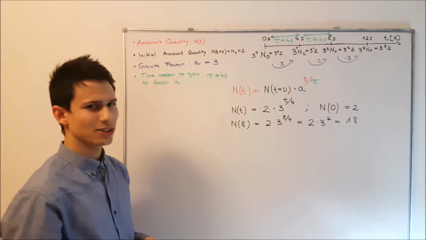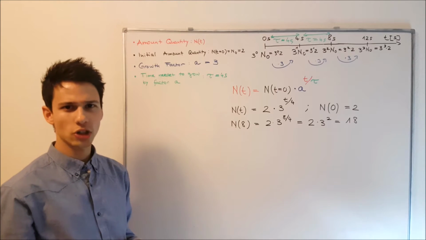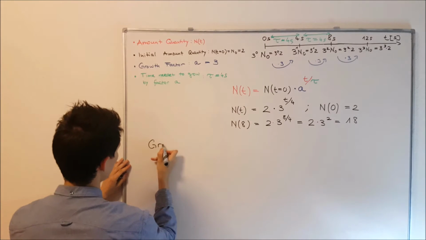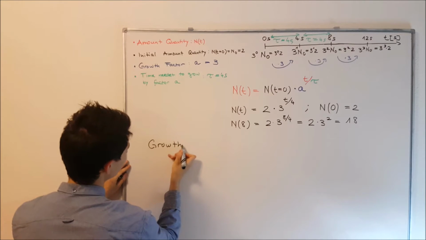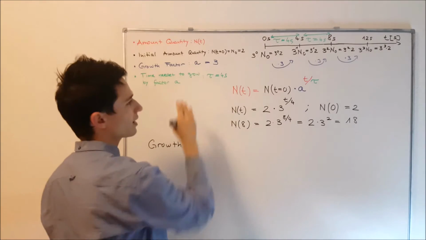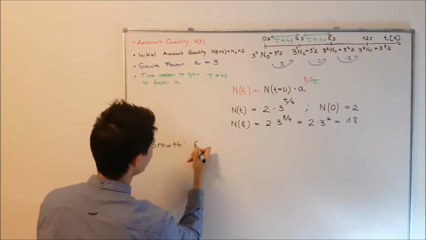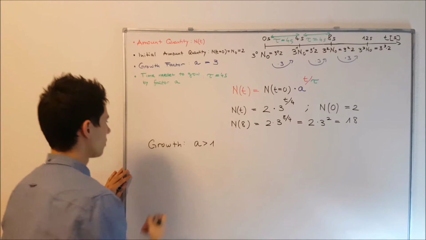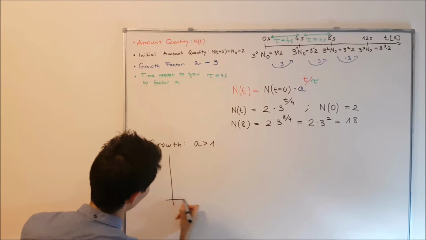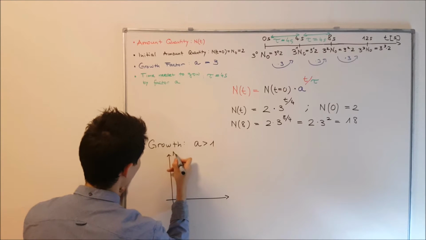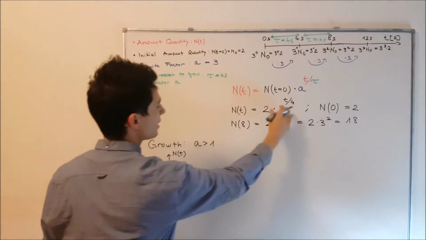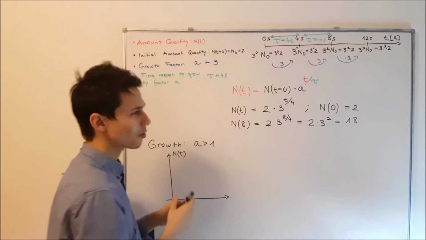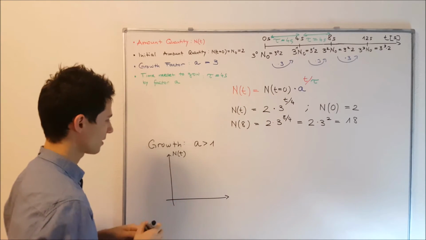Alright, so what we did so far was always exponential growth. So exponential growth always happens if your growth factor A is greater than 1. And then you will get a function n of t right here, and you can see it is indeed an exponential function because you have an exponent with argument t.